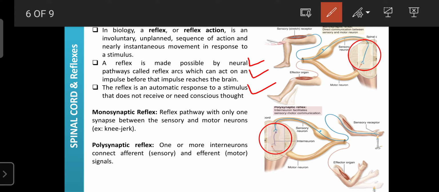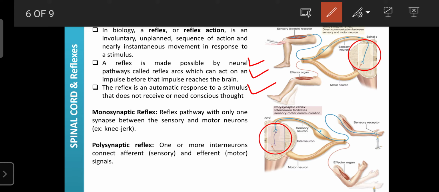They are regulated without consciousness. It means that without our knowledge, certain body movements occur in our body, and those are known as reflexes or reflex actions. These reflex actions are mainly classified into two types: monosynaptic reflex and polysynaptic reflex.